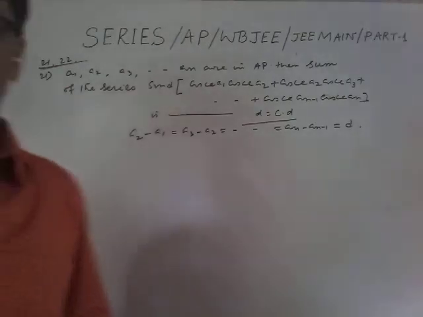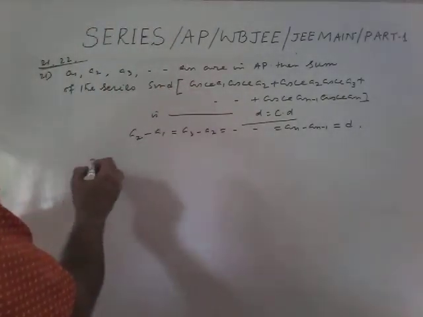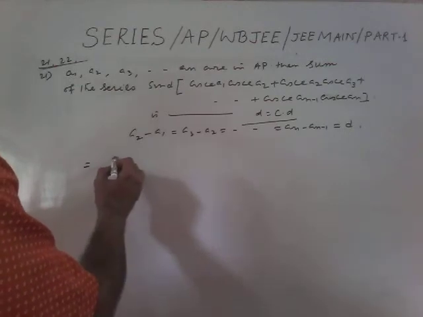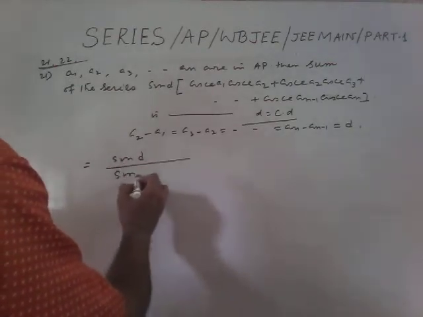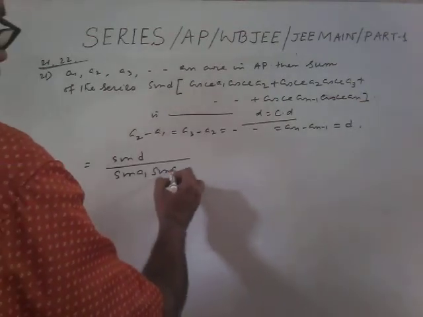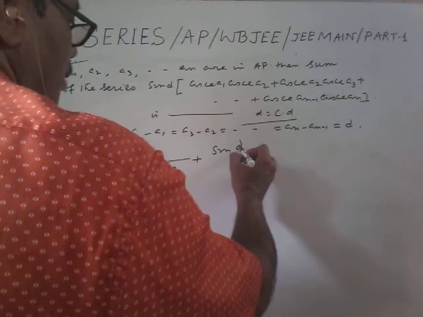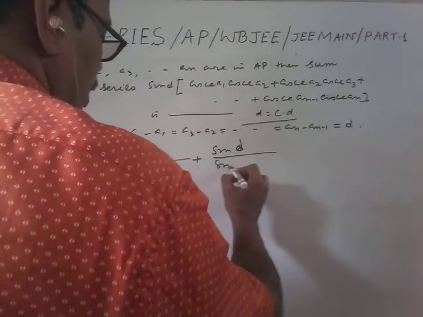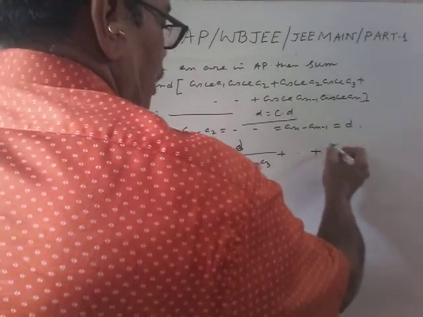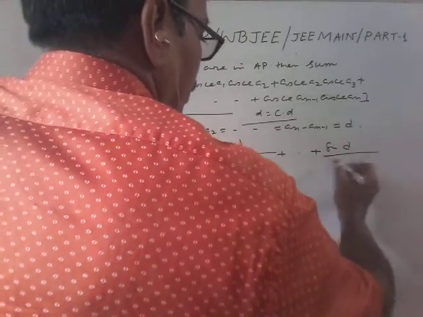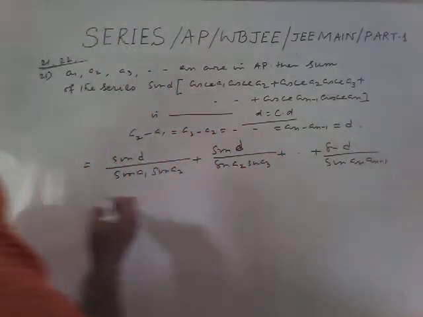It is given. So we have to find the value of this expression: sin d/(sin a1 sin a2) + sin d/(sin a2 sin a3) + ... + sin d/(sin a(n-1) sin an).